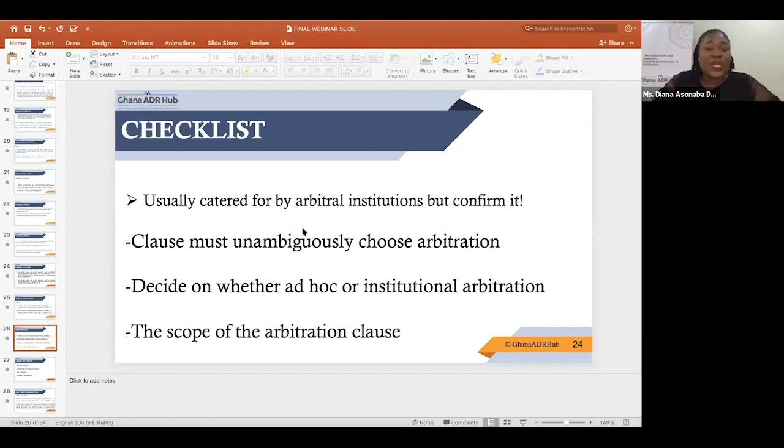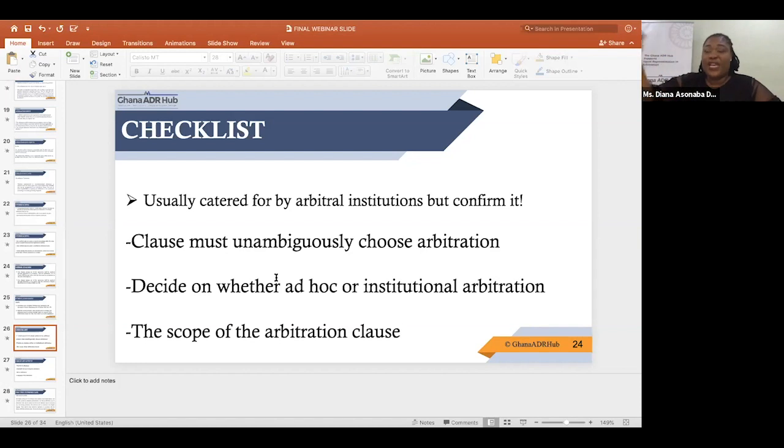So in conclusion, what are some of the checklists before I come to the recommended arbitration clauses? You need to have a checklist: have I ensured that this arbitration clause specifically says that we shall go to arbitration and nothing else? Of course, there can be multi-tier dispute resolution clauses.